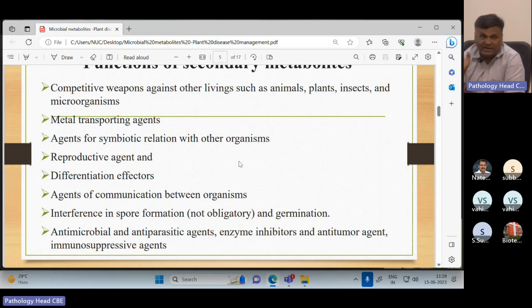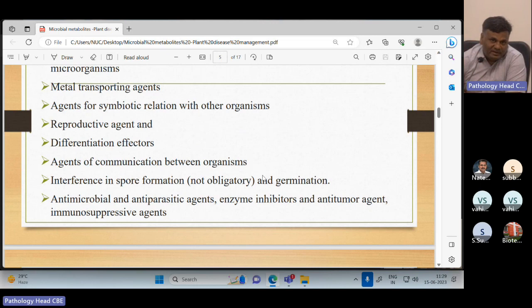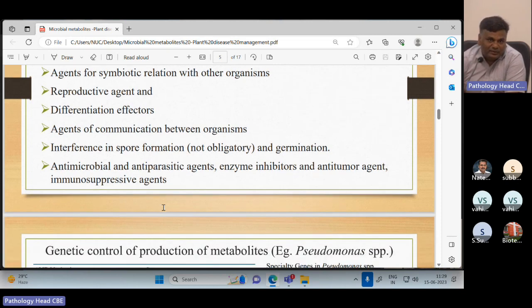Then they are essentially linked to the symbiotic association with many of the higher or lower organisms with which the particular organism is associated. Then they are very helpful in the reproductive stages of the organism. And the main interesting component for our purpose is antimicrobial. This is what we are working on in our group. We work on the antimicrobial properties of these secondary metabolites, which can be safely used for biocontrol purposes.